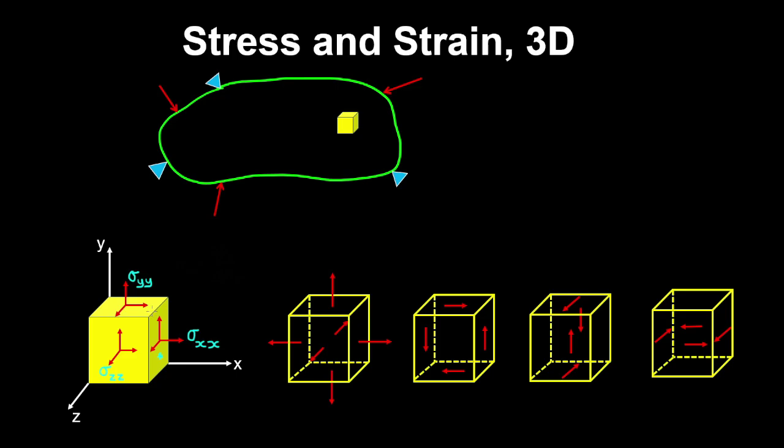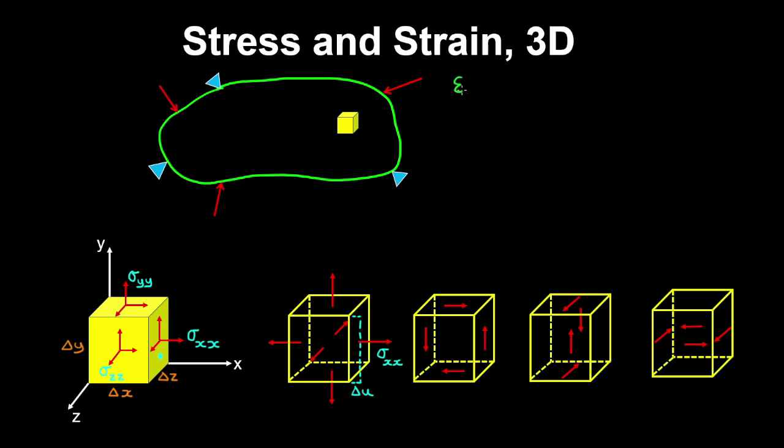Now if we denote the finite lengths of this element as delta x, delta y in the vertical direction, and delta z in the z direction, then we can observe that the axial stress in the horizontal direction stretches the element in the horizontal direction by some distance delta u.